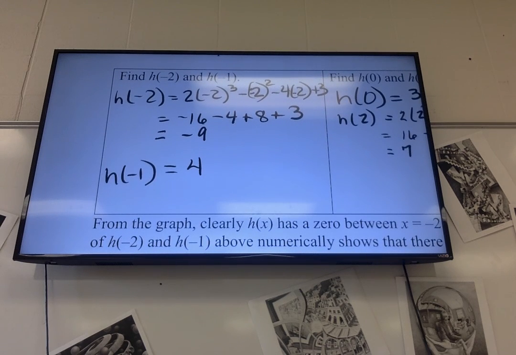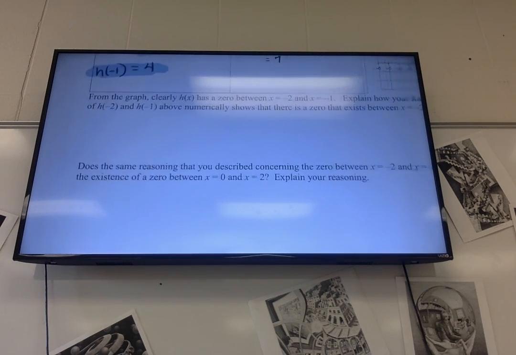So say you didn't know what the graph looked like, but I knew that h of -2 was -9, and I knew that h of -1 was 4. One's negative and one's positive. So one was down here at a negative, and one was up here at a positive. So if it's continuous, it has to cross the x-axis. That's basically what it's asking us here.